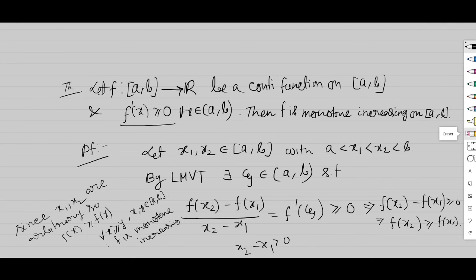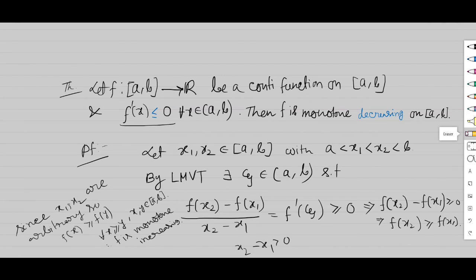And the same thing, if we replace this condition by less than or equal to 0, then this increasing is converted to decreasing.